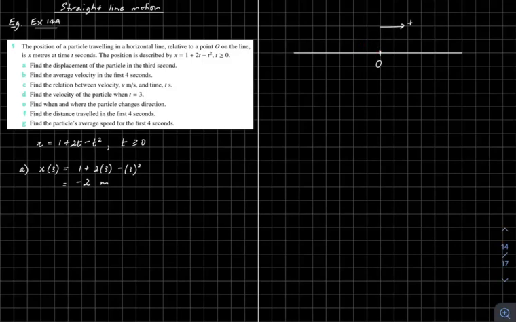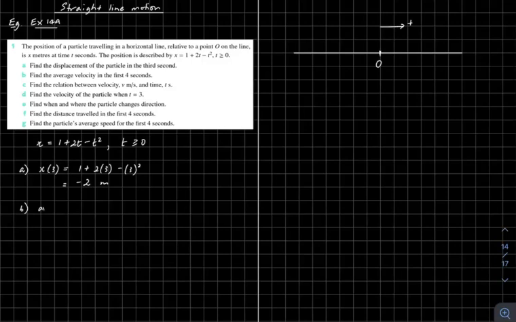Alright, the average velocity in the first 4 seconds. Well, we know that average velocity or average speed is going to be related to distance divided by time, but because here it's average velocity, it's going to be the displacement divided by time, isn't it?